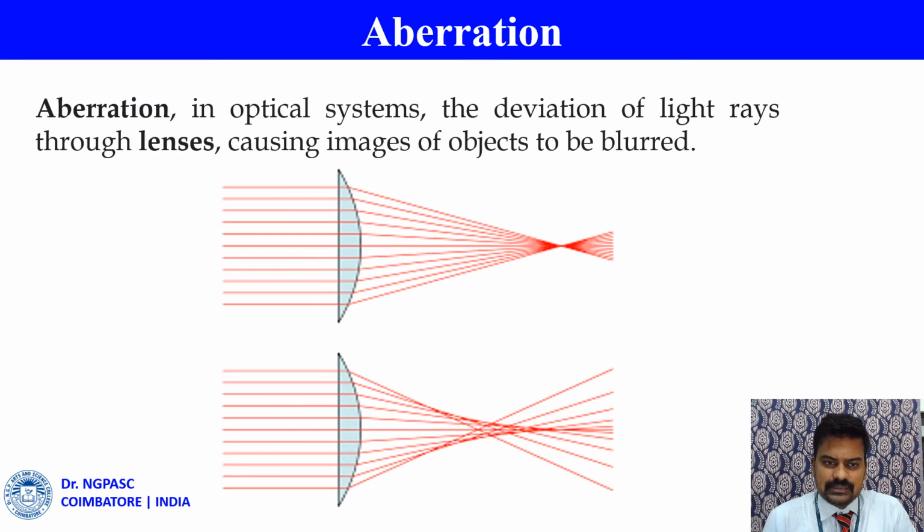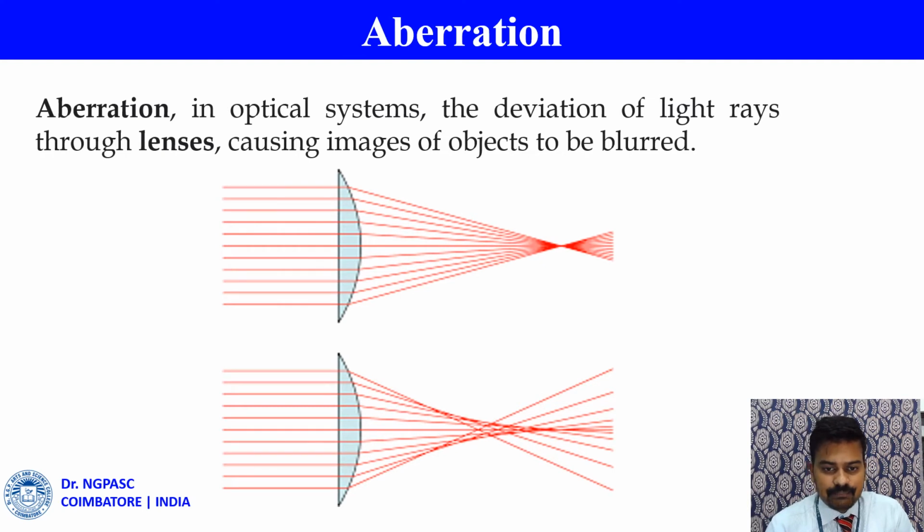So in an optical system, the deviation of light rays through a lens causes the image of the object to be blurred. If you see this first diagram, the perfect lens can converge the light at one particular point, the focal point.